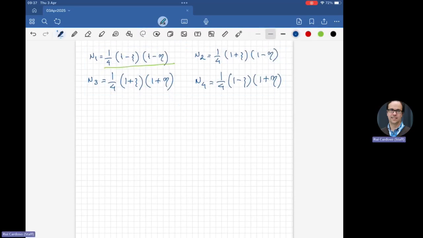And let's do the derivative of n1 in order to c. The derivative of the first shape function, this one here, in order to c is going to be minus 1 over 4, 1 minus eta. You agree?